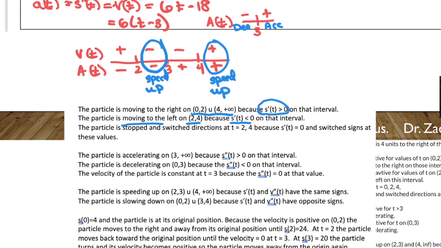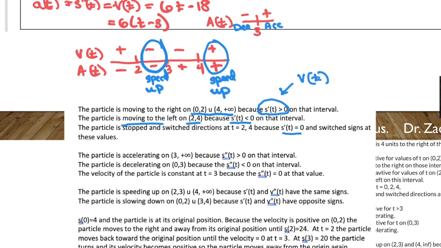The particle has stopped and switched directions at t equals 2 and 4 because s prime of t equals 0 there, and switched signs at these values. Notice I use s prime of t. I could also have used v of t. I do not use pronouns such as its derivative or the graph. Be very specific when you're speaking about your function.